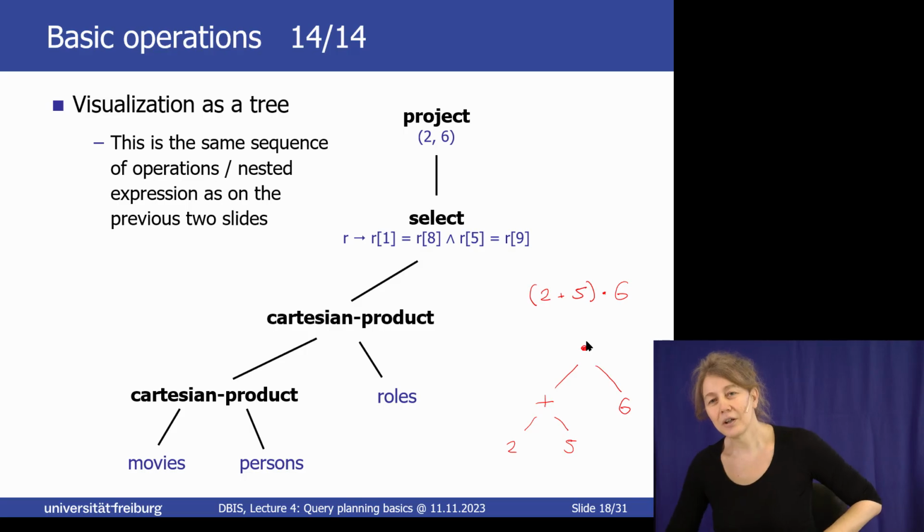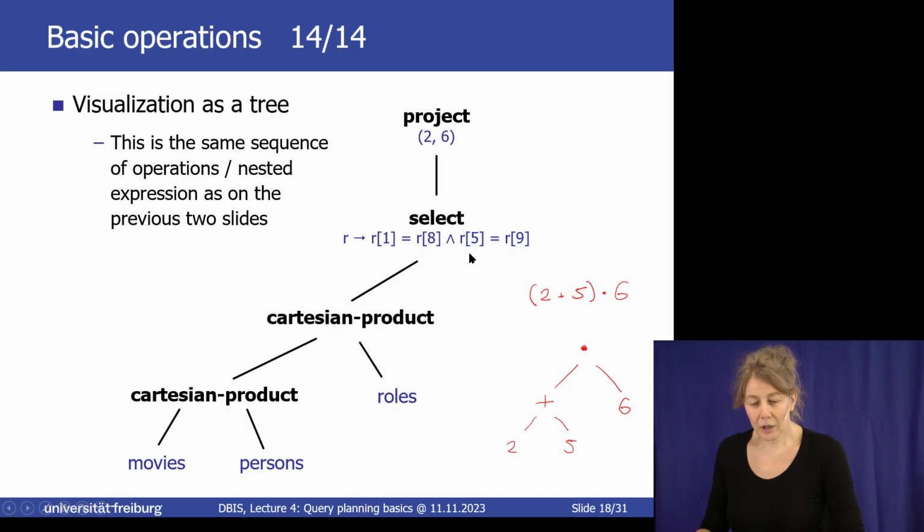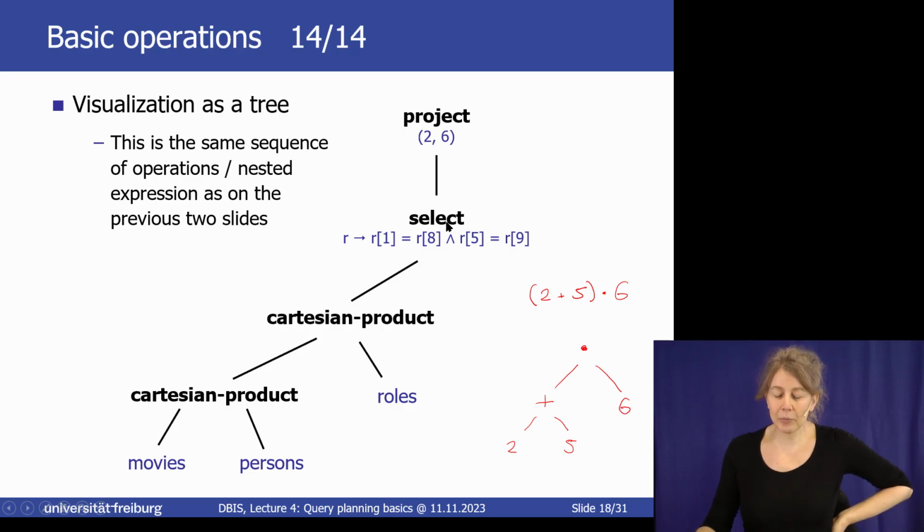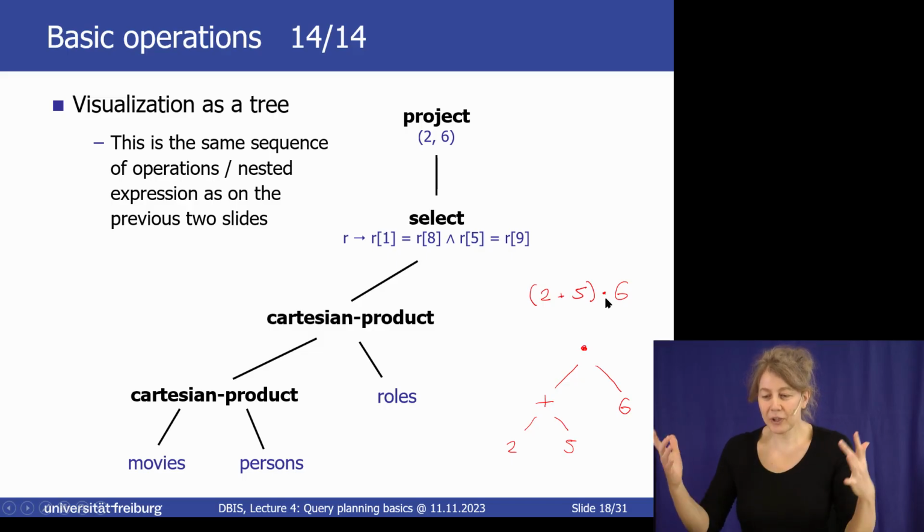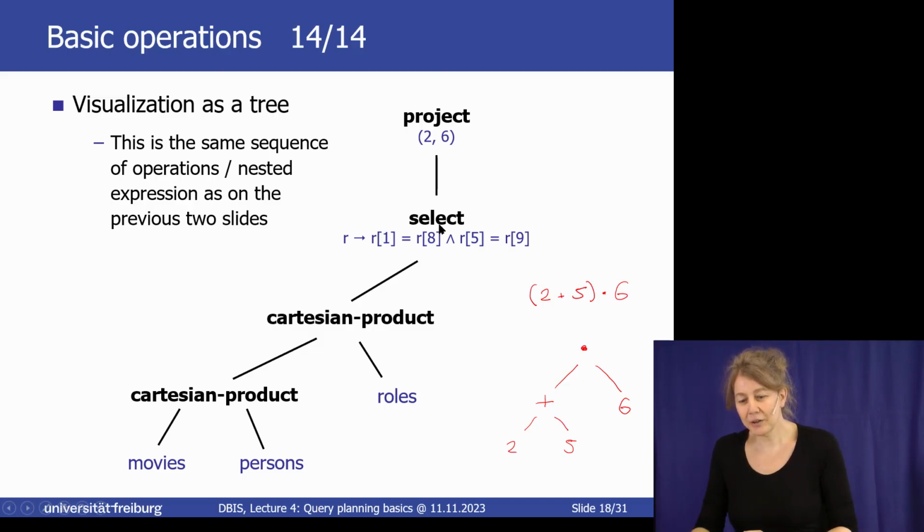Yes, please. Is there a reason why these 2 arguments are not extra leaves like movies and persons, but directly under the select project? So you are asking, why are these not leaves but in here? That's a good question. They are part of the operation, right? Here, plus and multiplication are really just operations. They don't have a parameter, but these operations are parameterized.